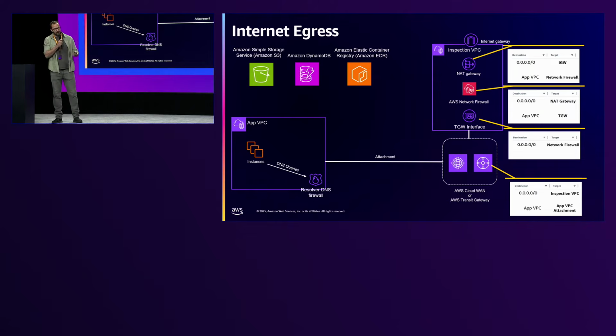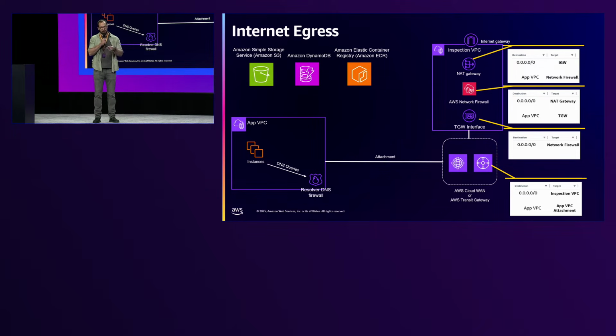I'm showing you only three. S3, which is a storage service, DynamoDB, a NoSQL database. And then as an example of all the other services, Elastic Container Registry, ECR. This is where we manage container images for you, so you can upload container images there or pull container images from there. The reason why I'm showing those is usually those three are generating a lot of traffic.